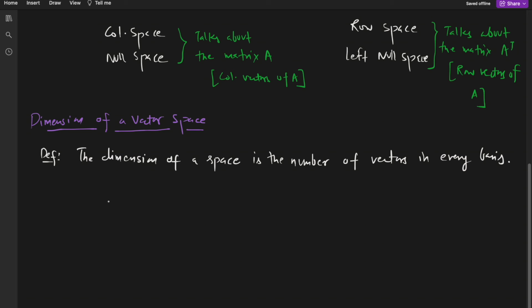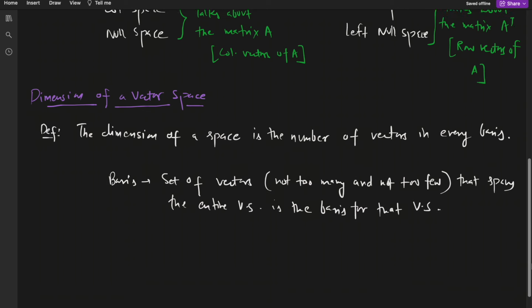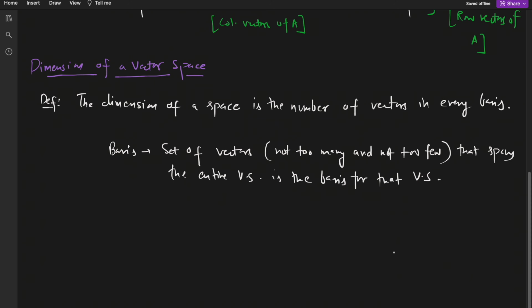That is, the exact number of vectors that spans the entire vector space is the basis for that vector space. And the basis set could be different. It's not necessary that for a vector space you have only one basis set. It could be a different basis set also.